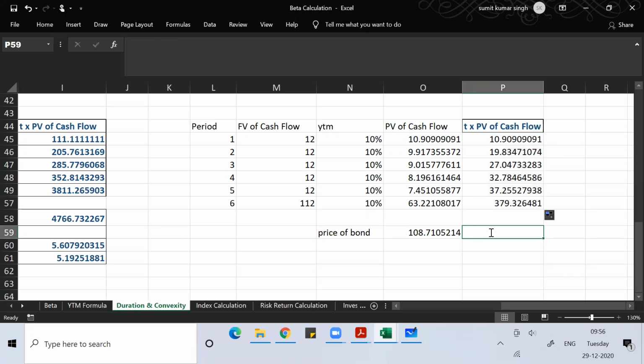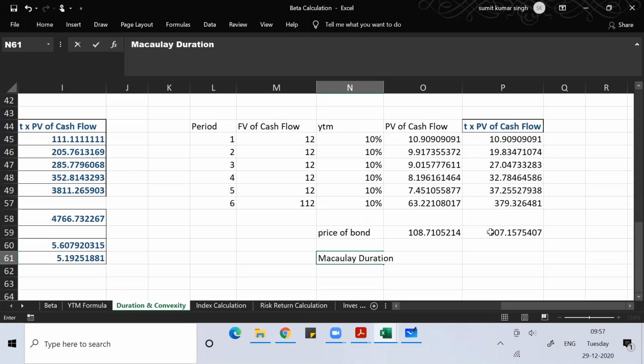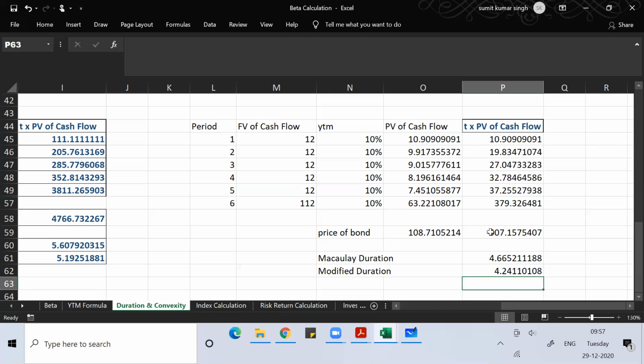The sum total of this, when you divide by the price of bond, will give you the Macaulay duration. So this is your Macaulay duration. If you want modified duration, then you should divide by 1 plus 10%. This is your modified duration.